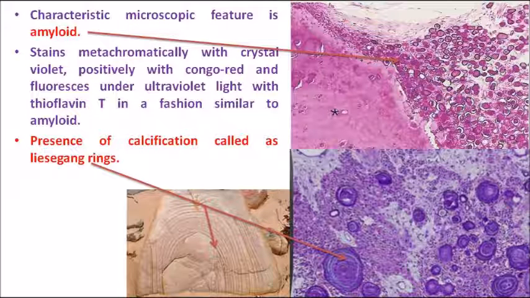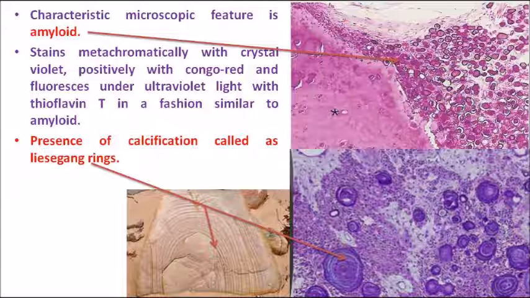The second picture shows you the purple color. The arrow mark is pointing towards the purple color, that is Liesegang rings, the calcifications of the tumor. Those calcifications are similar to the rings of sedimentary rocks. These are sedimentary rocks on the left side.